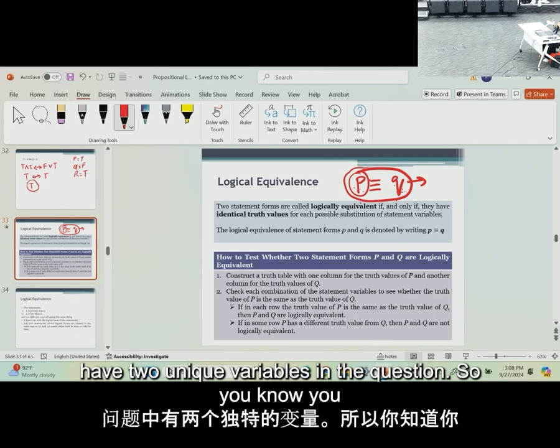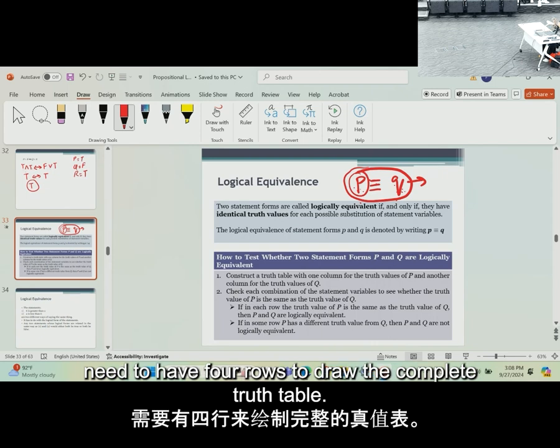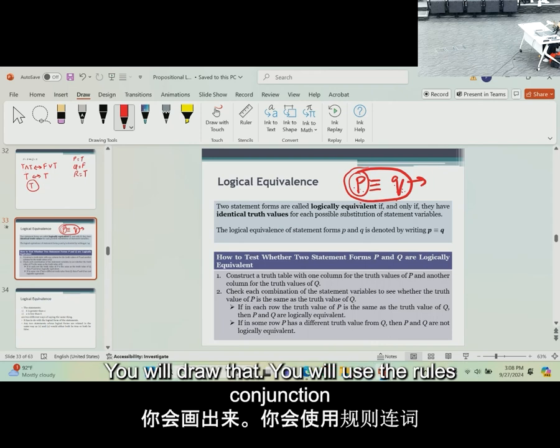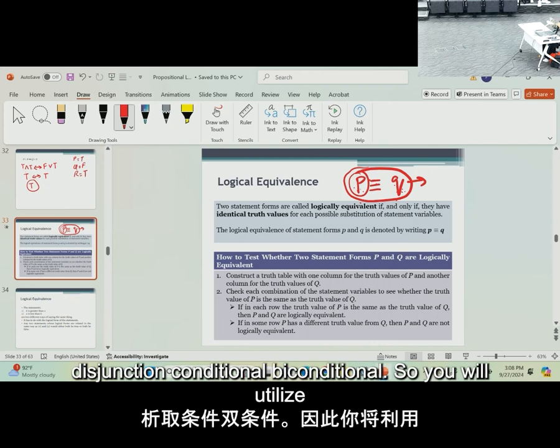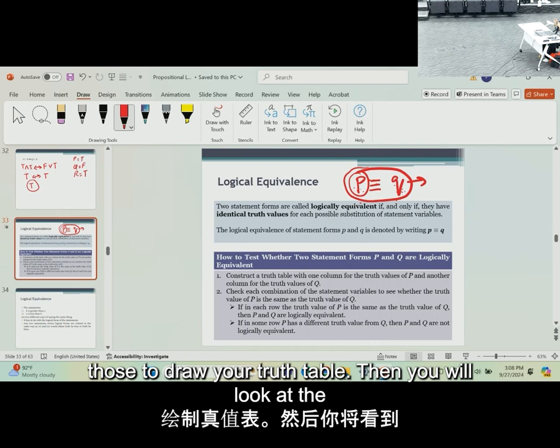Let's say you have 2 unique variables in the question. So, you need to have 4 rows to draw the complete truth table. You will use the rules: conjunction, disjunction, conditional, biconditional. So you will utilize those to draw your truth table.